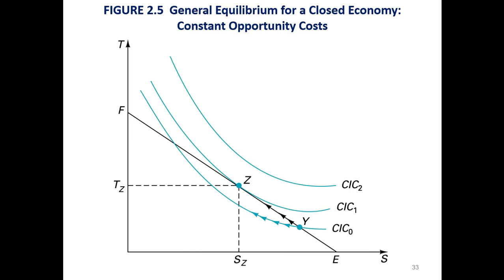So what this graph is trying to show is that Y is a combination which is possible, and it uses our resources fully. It's efficient, but it's not a settled point, because the consumers can envision a combination which is going to give them more satisfaction if they could only get a little less of the soybeans and more of the textiles.